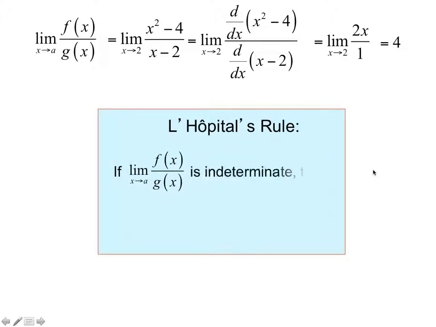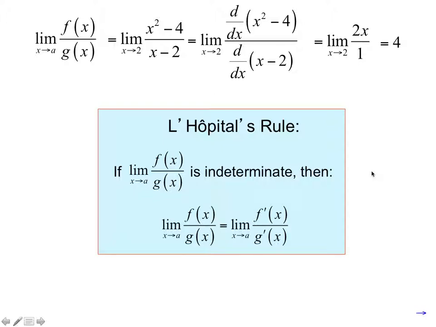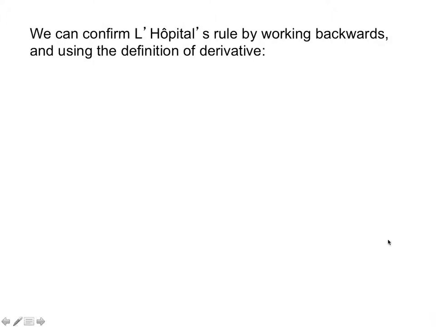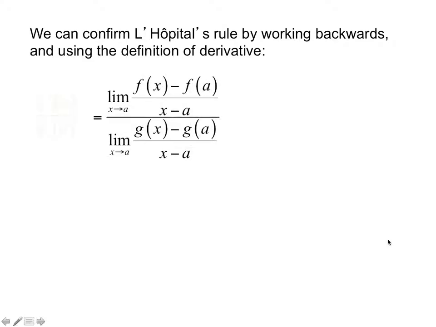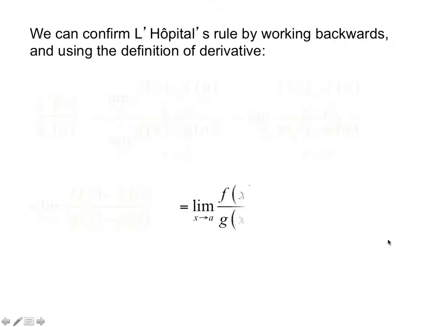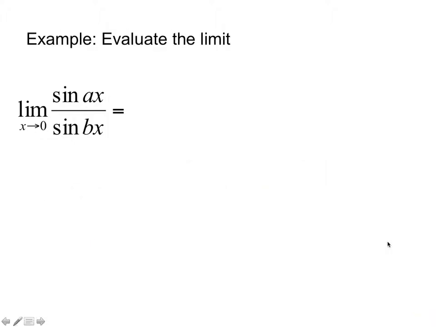So that ends up being the L'Hopital's rule. If we have this indeterminate form, then we can take the derivative of the top and the bottom. So we're going to gloss over this because it's really not that important. Let's go to the example here.